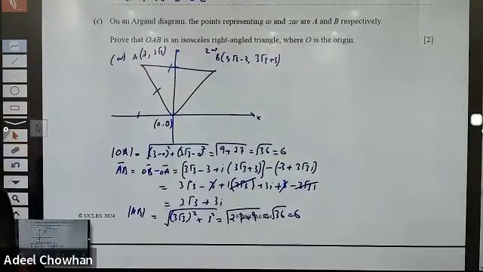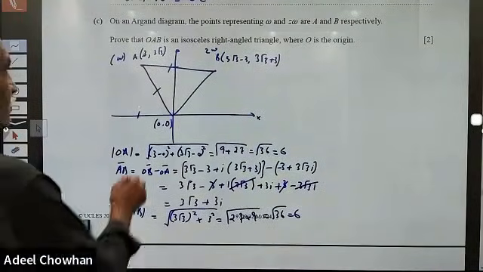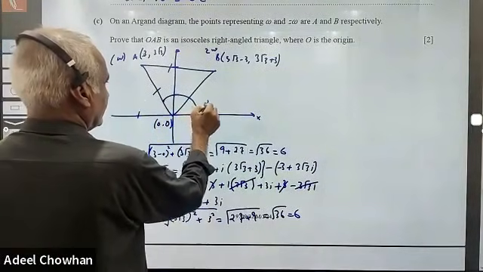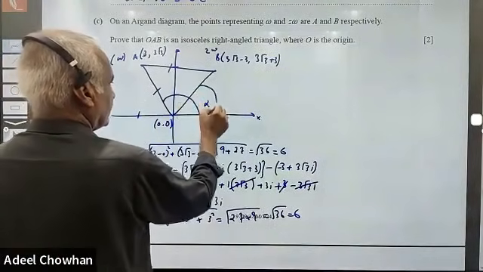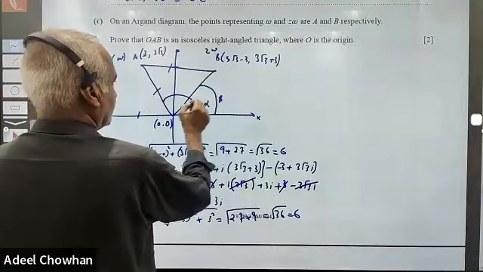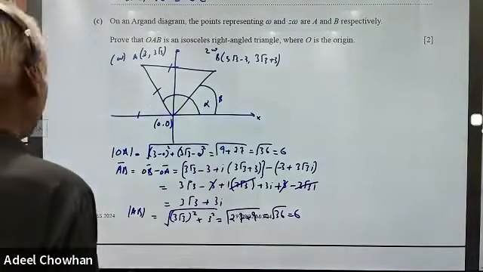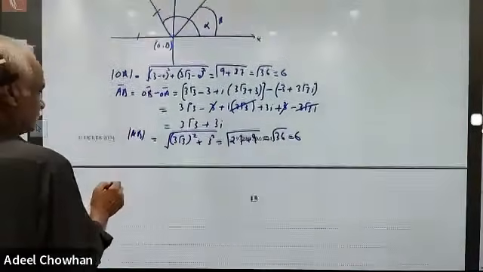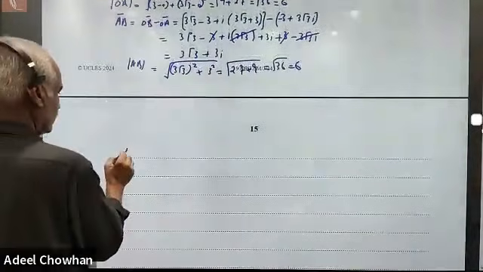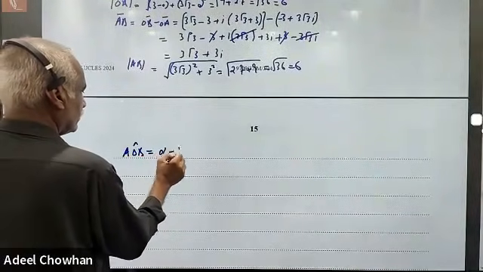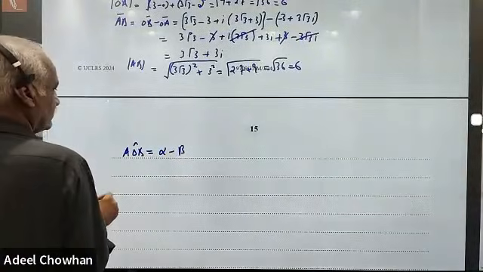Now let's say this is the triangle AOB. Up till here, let's say this angle is alpha, and up till here, this angle is beta, and you are finding the angle in between these two, AOB, which is basically equal to alpha minus beta.